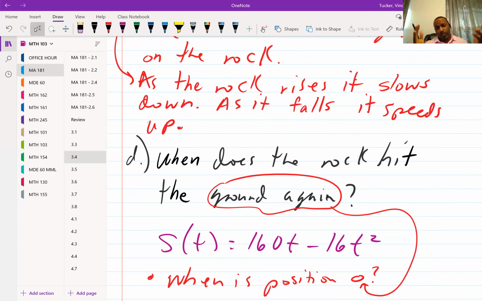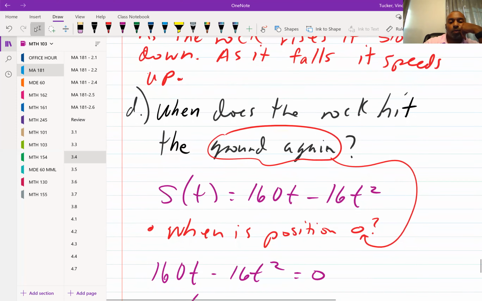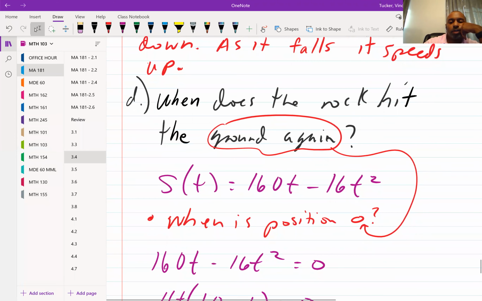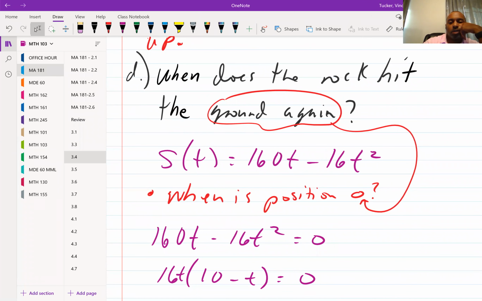We want to know when the position is 0. So we set 160t minus 16t squared equal to 0, and we can solve for t by factoring out 16t.